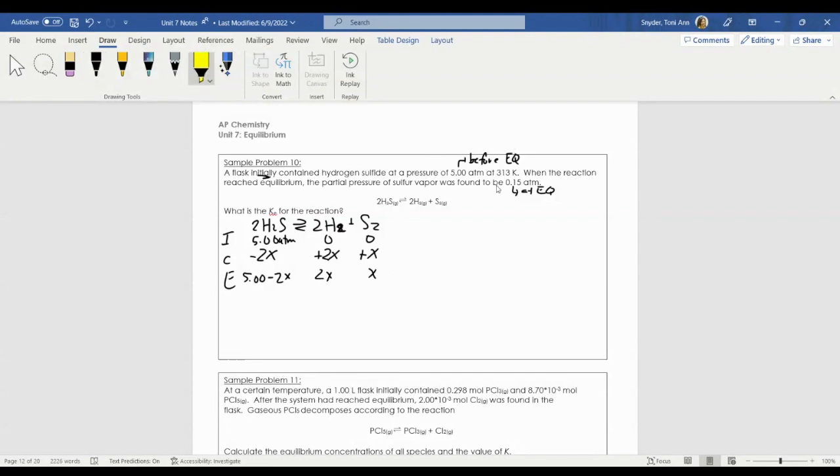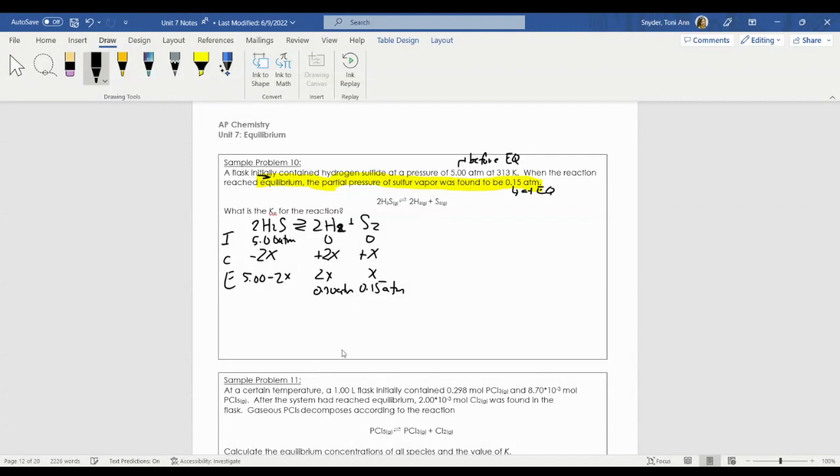Just like before, it is saying that the partial pressure of sulfur vapor at equilibrium was found to be 0.15. So I know that X must be equal to 0.15 atmospheres. If I know that this is 0.15, my partial pressure of hydrogen would be double that, and that's because that has the coefficient of 2.